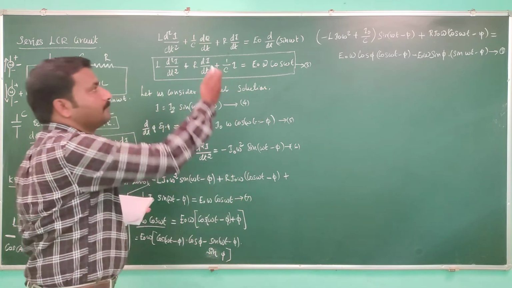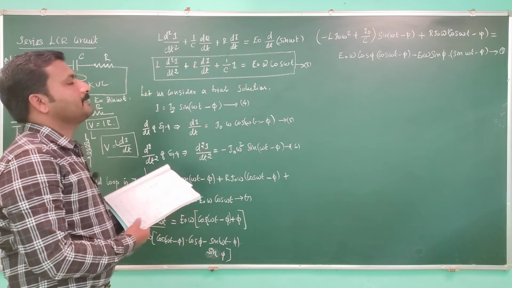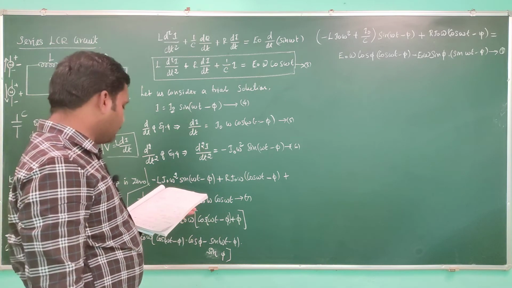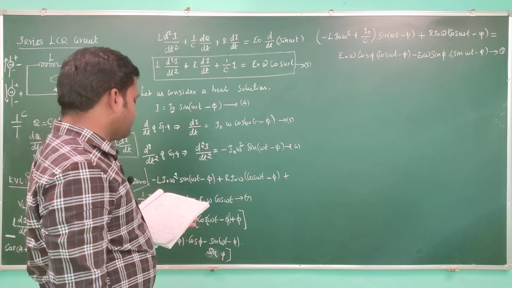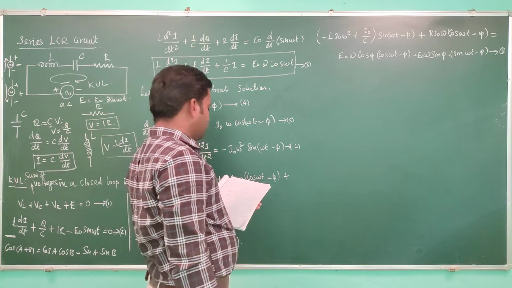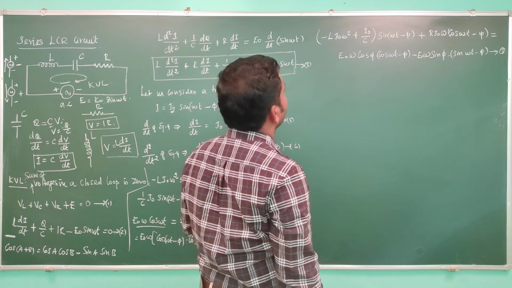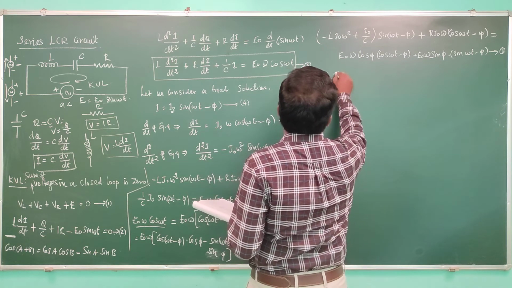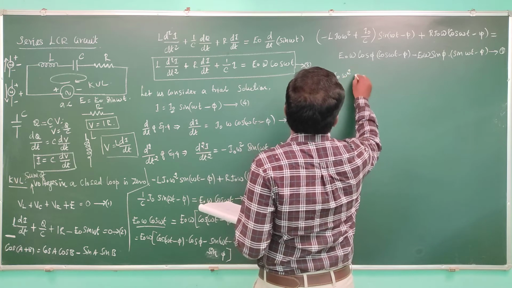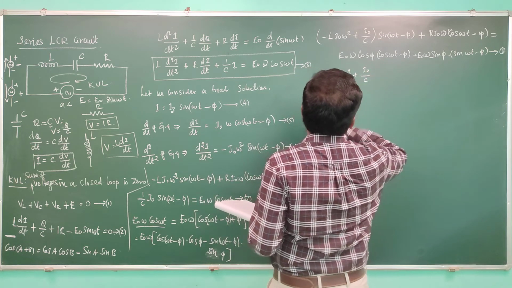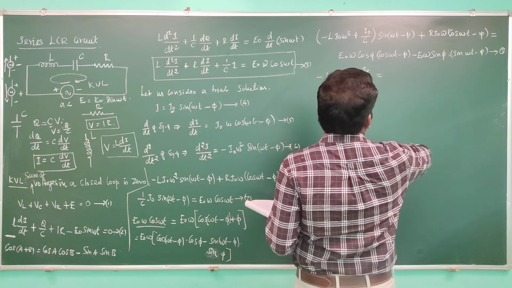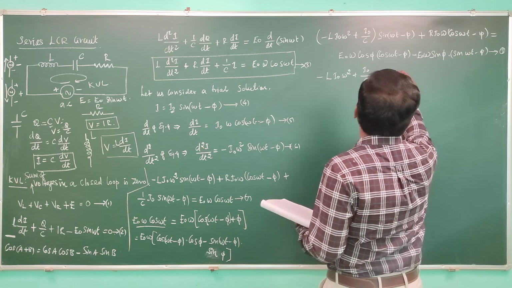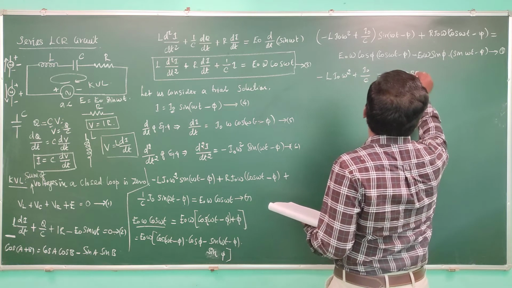Now from the left and right hand side, let us equate the coefficients of sin(omega t minus phi) and cos(omega t minus phi). The coefficient of sin(omega t minus phi): minus L I naught omega square plus I naught by C is equal to minus E naught omega sin phi.